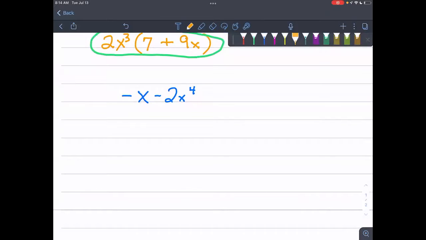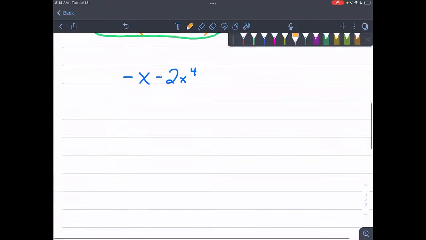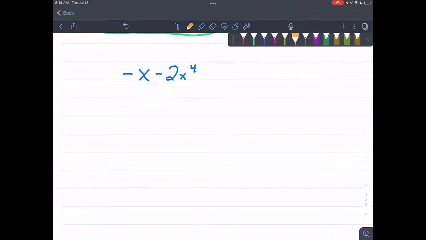Negative x minus 2x to the 4th. The software may take a couple different answers on this one, but generally, if you're factoring something that starts with a negative, you'll take out a negative. So let me write that on the side.